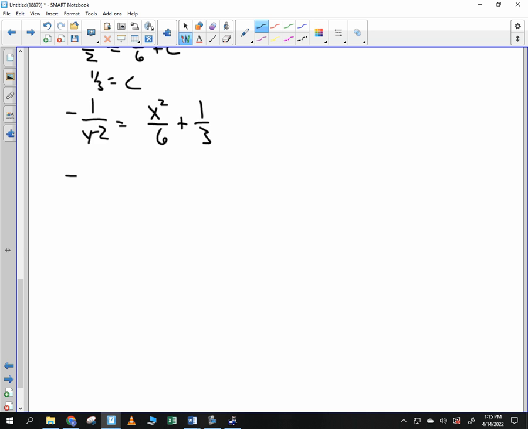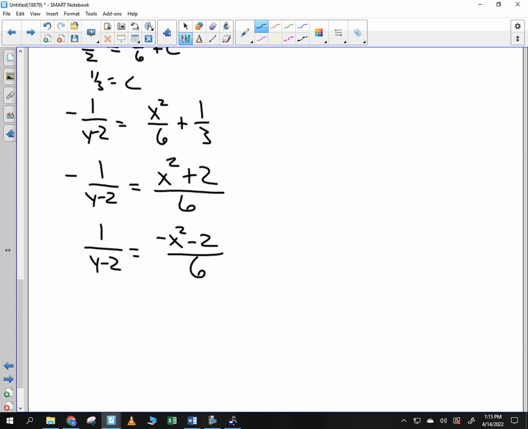So I have negative 1 over y minus 2 is equal to, if you make common denominators, x squared plus 2 over 6. Good. I want to solve for y. What do you want to do to both sides? Times by negative 1? Okay, so I get 1 over y minus 2 is equal to negative x squared minus 2 over 6.